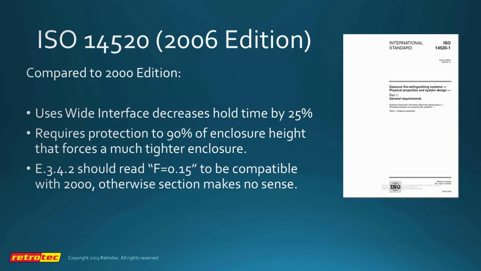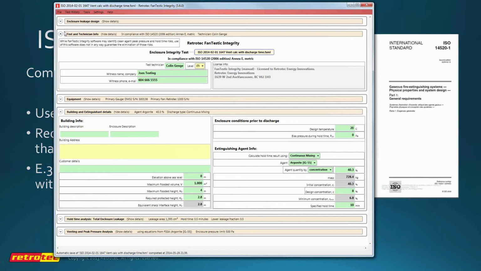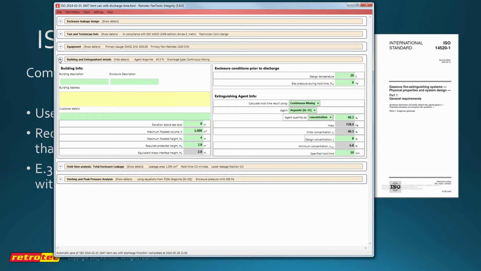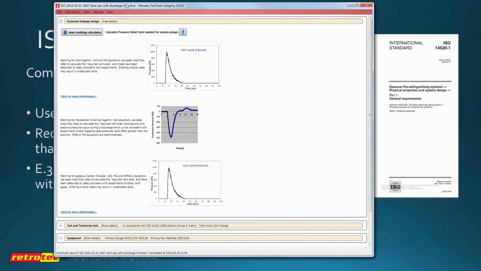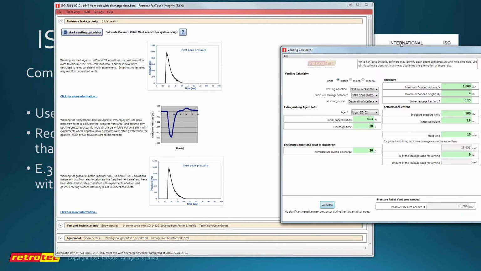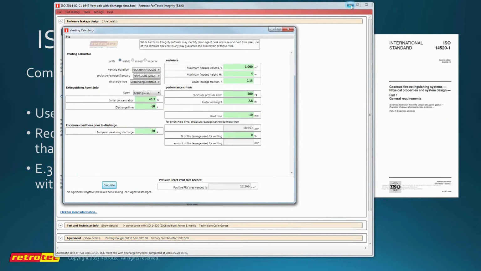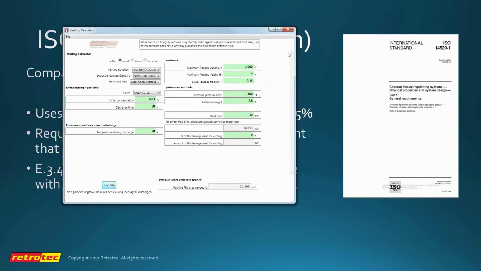We will investigate that by using one of the new features in our software, which is called the Enclosure Leakage Design, and it's this window here, the very first window, and we also call it the venting calculator. I'm not quite sure why. And the venting calculator is a window that looks like this, that allows you to do an evaluation of an enclosure in the design phase and look at all the various parameters.